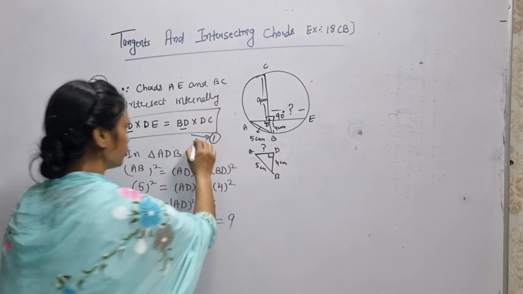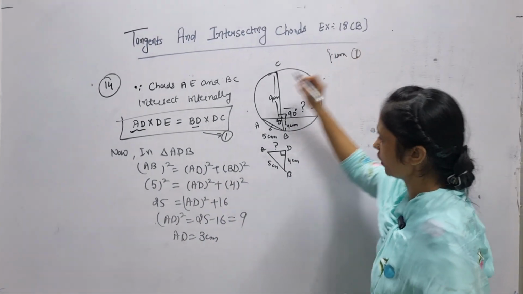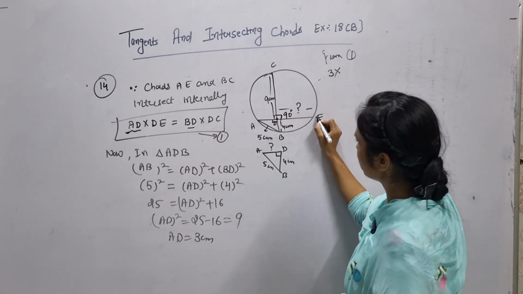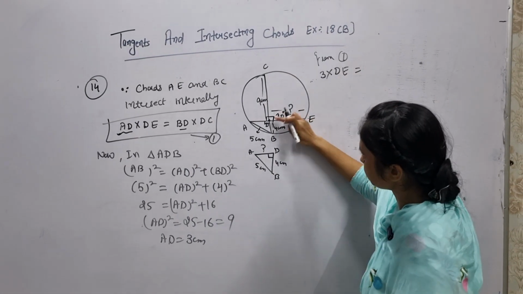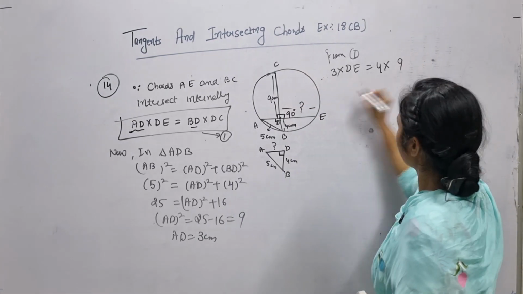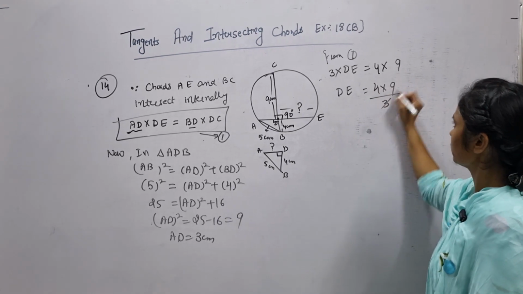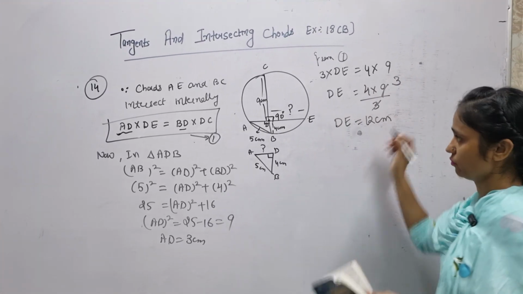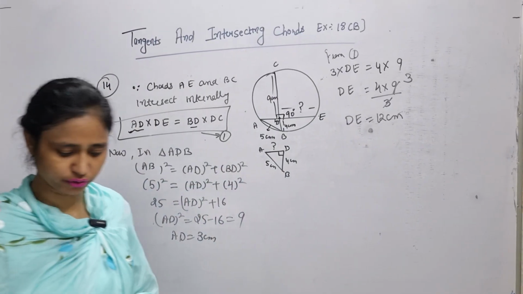Now from 1, put all the values here. AD we had calculated as 3, DE we need to calculate, and BD is 4 and DC is 9. Means DE will be equal to 4 into 9 by 3. 3 3s are 9. DE is equal to 12 centimeter. So the first part is done. You need to find DE.